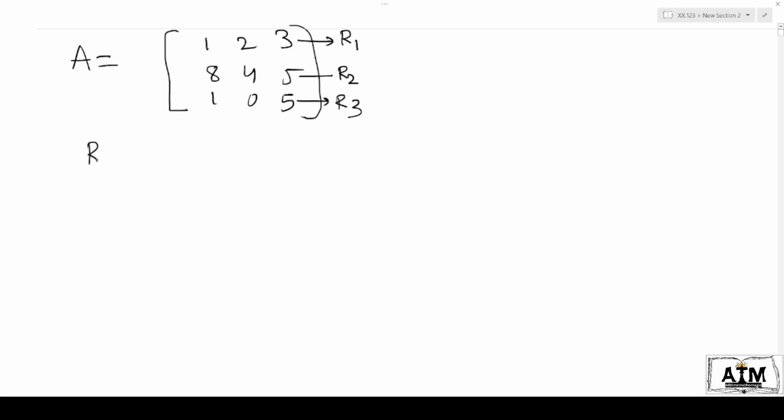Suppose we write R3 tends to R3 plus twice R1. What is the meaning of this one? The change will take place at R3, and R1 and R2 will remain the same. So 1, 2, 3 will remain the same, and R2 will also remain the same.